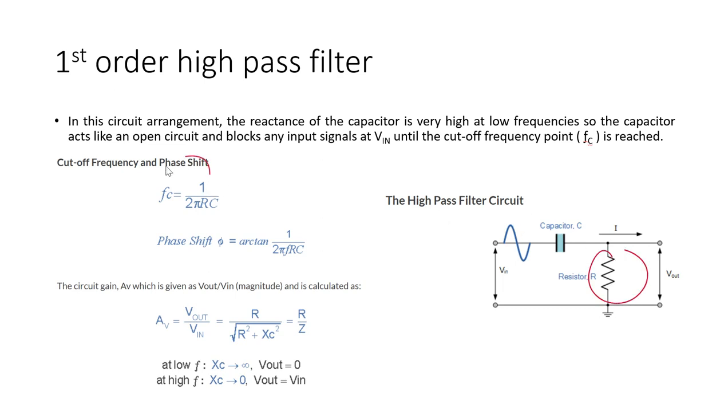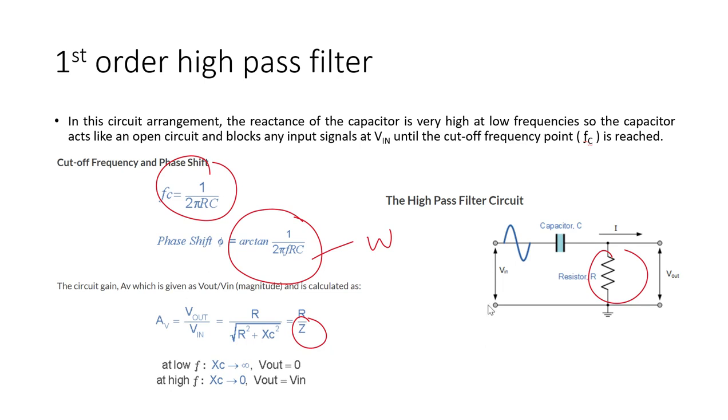The Fc is 1 over 2 pi RC, and the phase is tangent inverse of y divided by x of this total Z. This phase is calculated from the omega equation.